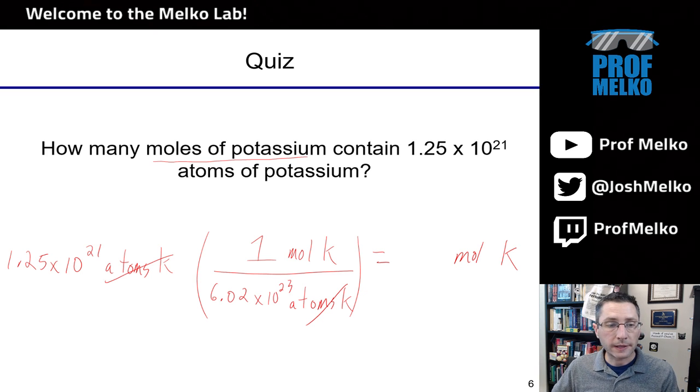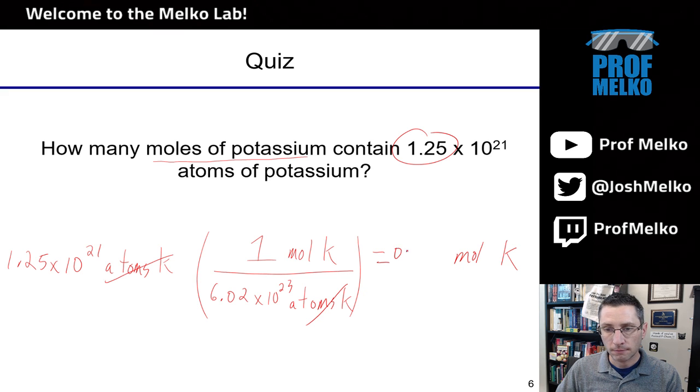So similar to the last example, 1.25 times 10 to the 21, divide by that Avogadro's number. Round this to 3 sig figs, since that's what I'm given. 1.25 times 10 to the 21 divided by 6.02 times 10 to the 23rd atoms.